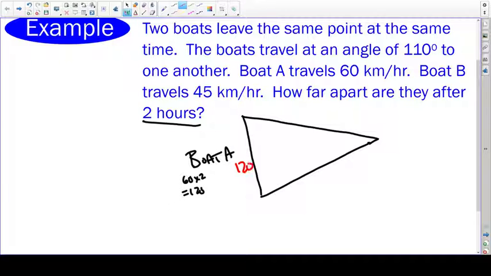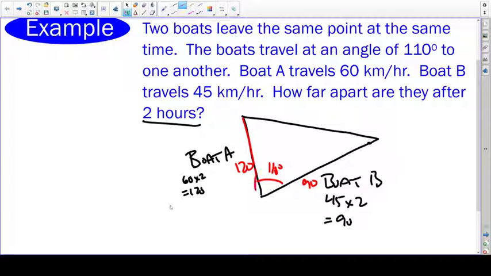So this side of the triangle is going to be 120. And this right here represents the 110 degrees at which they travel towards one another. And boat B is going to be over here. And boat B travels 45 kilometers an hour times 2 hours, which gives us a total distance of 90 kilometers.